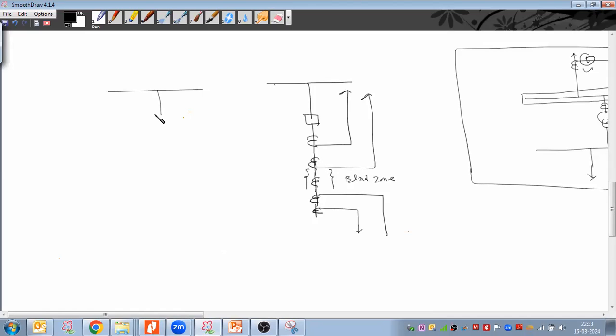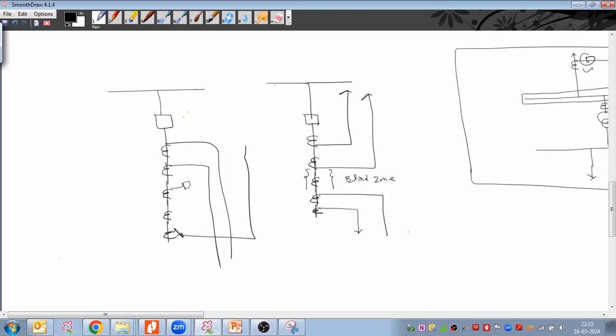how we allocate the core is that core 1 is for line, core 2 again for the line, core 3 just for the metering, and core 4 and core 5 are for the bus bar. So instead of creating the blind zone, I am getting protection overlap.